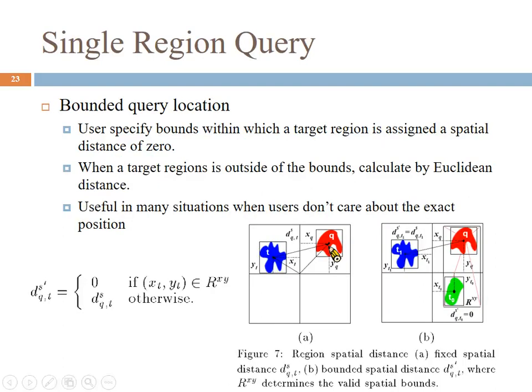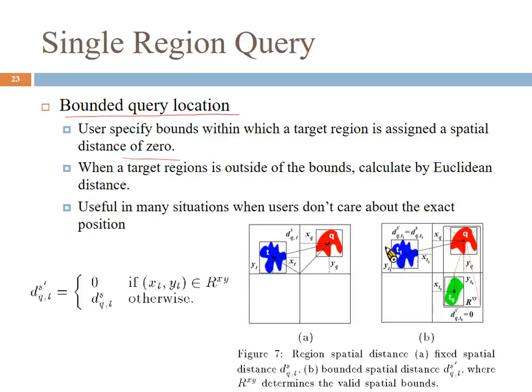Sometimes we may try to relax the constraint of spatial query, so we define some bounded query region. The user can specify bounds within which a target region is assigned a spatial distance of 0.